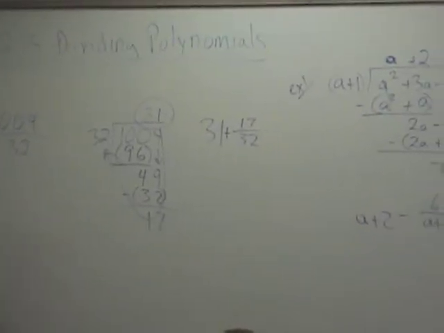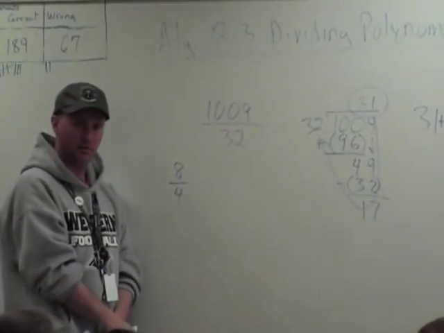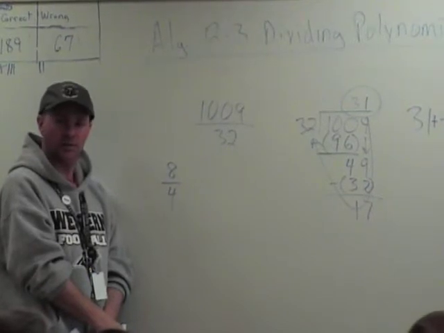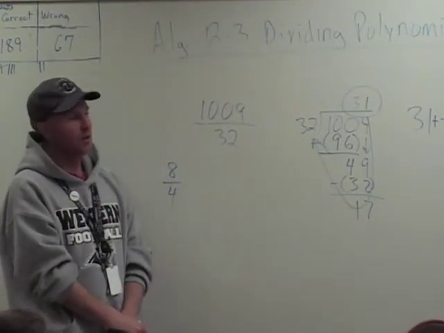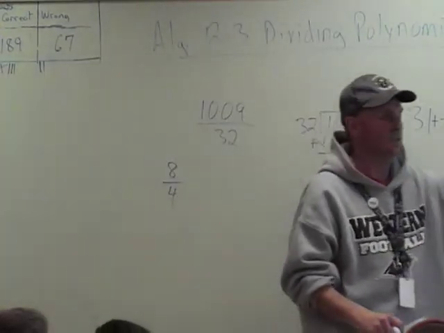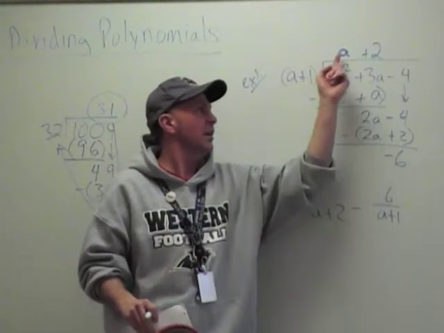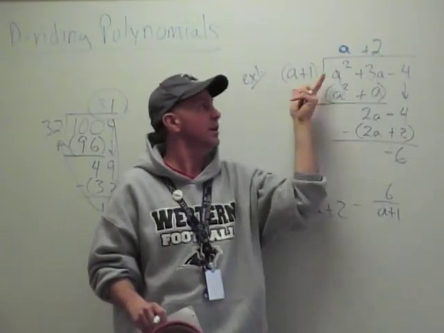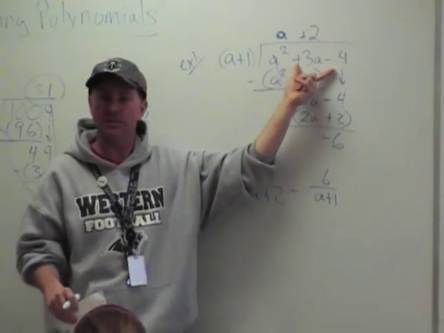Is 4 a factor of 8? Yeah. What would be the other thing that goes with it? Remainder 2. So what happens is if you get a 0 remainder, then this and that, 2 binomials, are what the factors are of this. Just giving you a heads up.